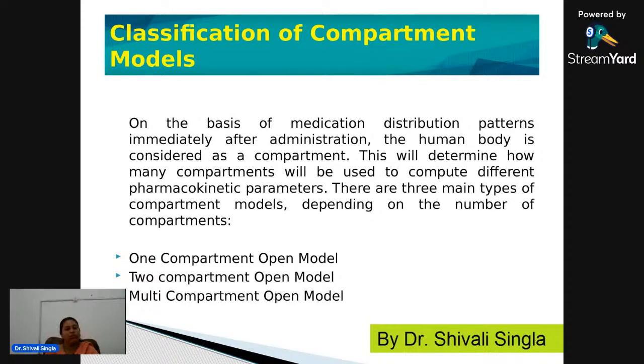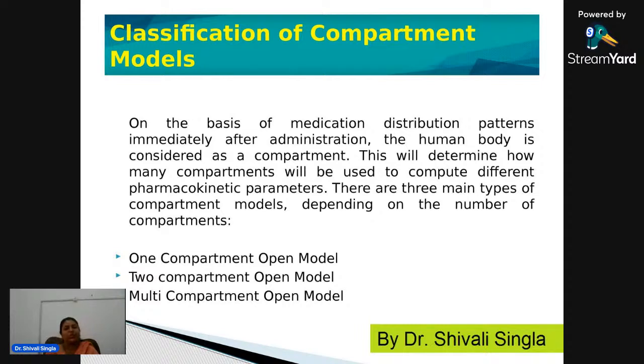Two compartment means there are two groups of tissues in which the drug's behavior is different. One group is different from the second group. So the parameters can be calculated based on these two compartments, not only on a single compartment, because this time the drug's behavior is different in one group than in the other group.